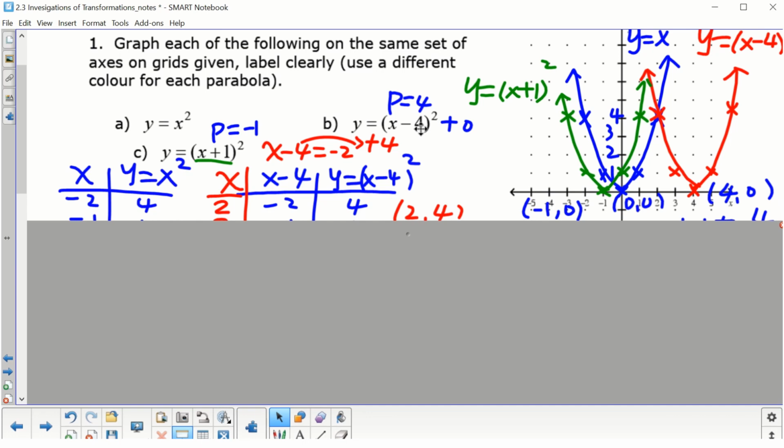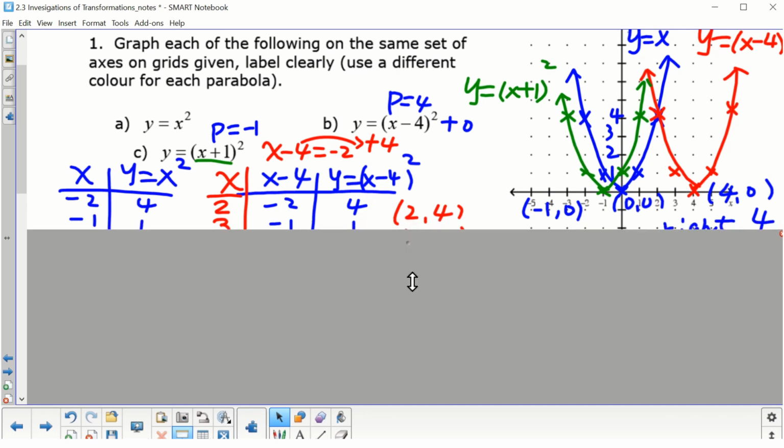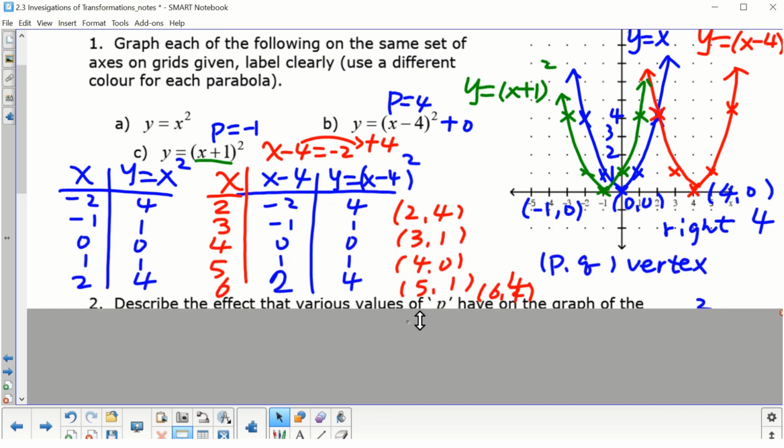And for x minus 4, you will see the graph shift 4 units right. So it's opposite, just like what we did for the factored form. In factored form, when we are looking for the x-intercept, it is opposite. So this is opposite. I will show you why it is opposite.